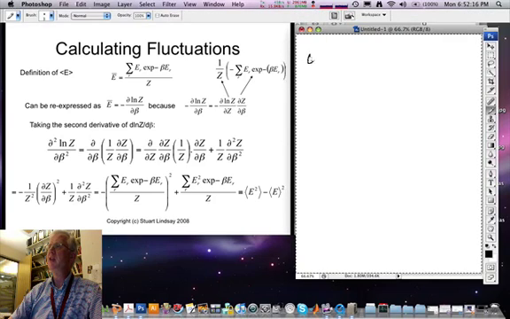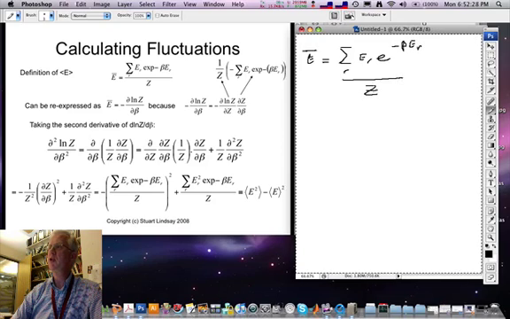The mean energy of a system, thermal energy, is of course just defined by this Boltzmann weighted average, divided by the partition function to normalize it. If we look at the quantity minus d log Z by d beta, we discover this is in fact equal to the thermal average energy. Why?